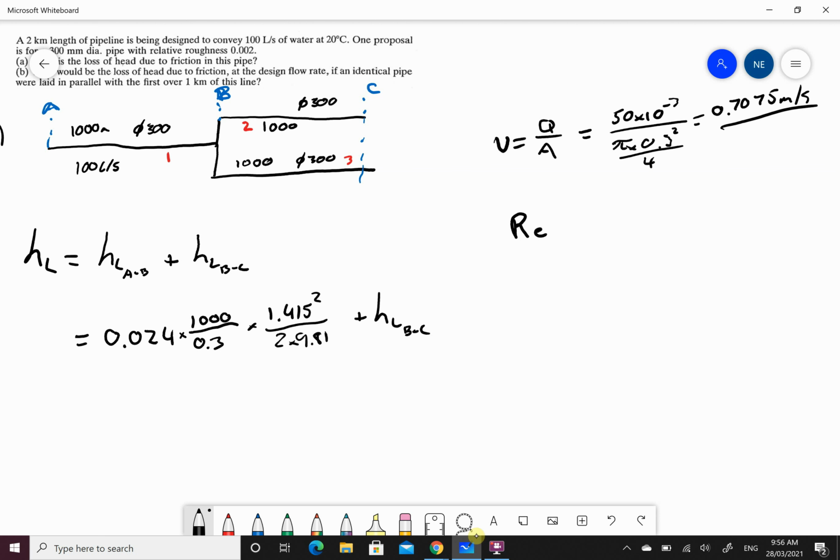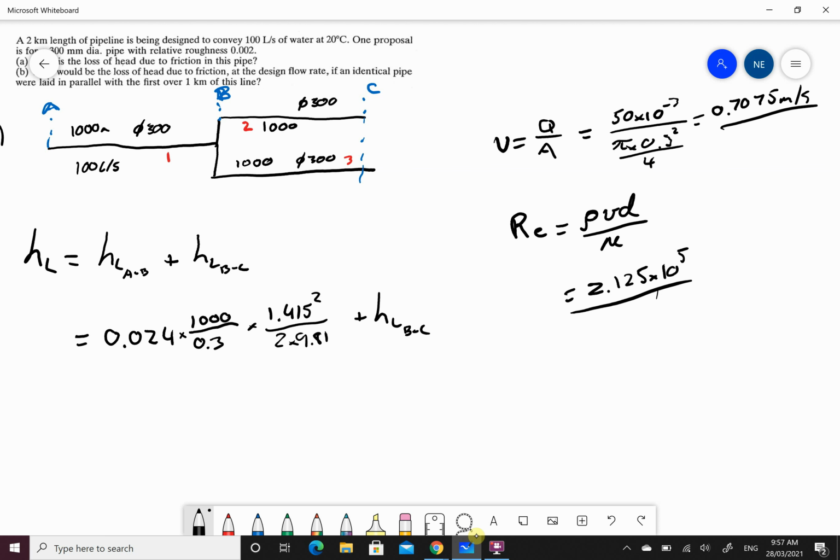Because Reynolds is equal to rho velocity diameter on viscosity, and we've just halved our velocity, we can just halve our previous Reynolds number, which ends up with 2.125 times 10 to the 5. So this is just half the Reynolds number from before.